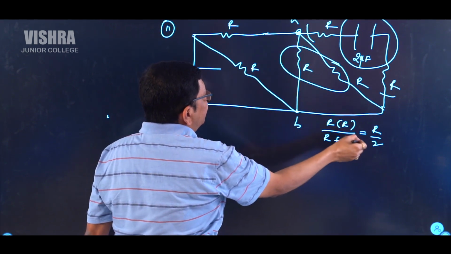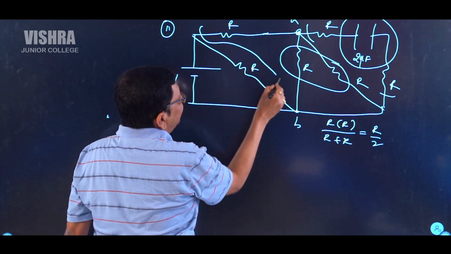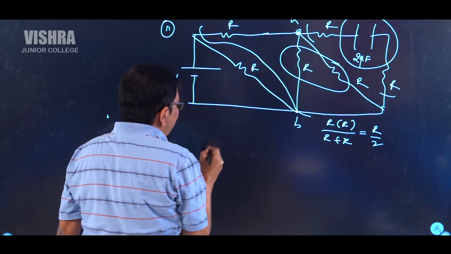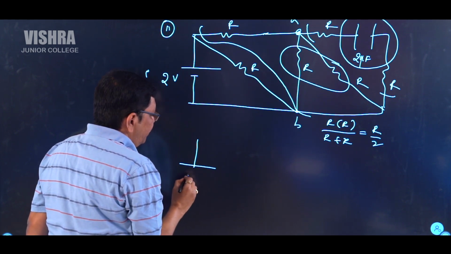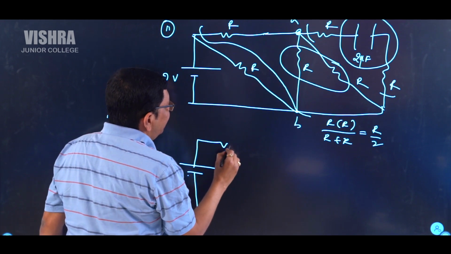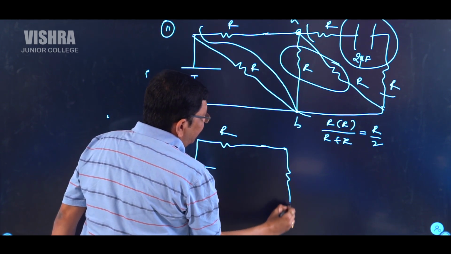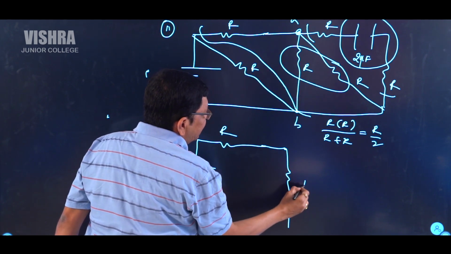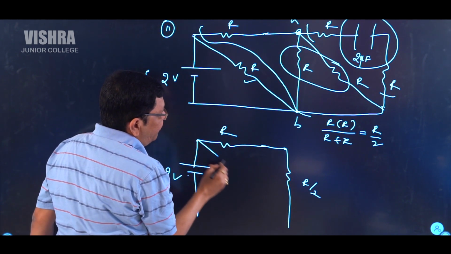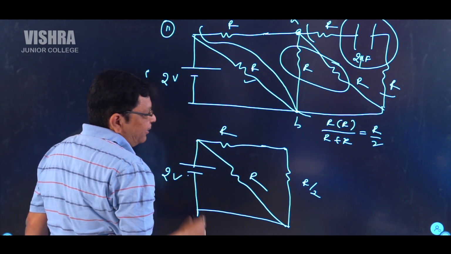So I replace these two with R by 2, and the remaining R and this total are one after the other in series combination. You can see the circuit like this: a 2 volts battery, a wire of resistance R connected to A, and from A to B the equivalent resistance of the combination is R by 2, and one more wire from A to B diagonally is R, and these are connected to the battery.